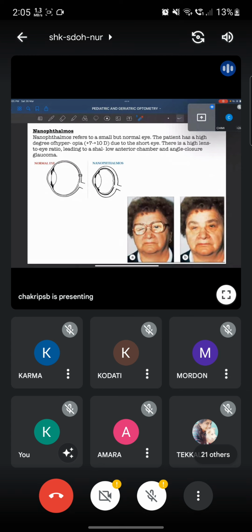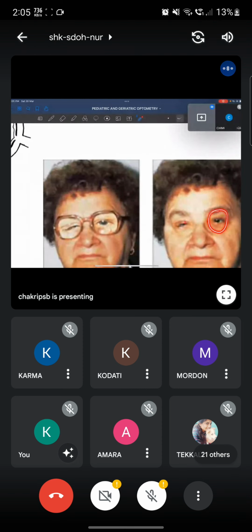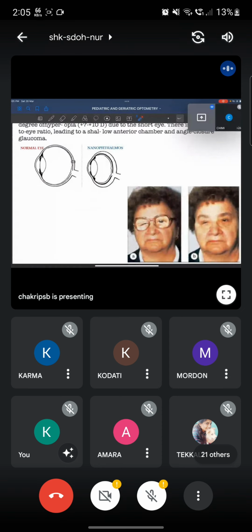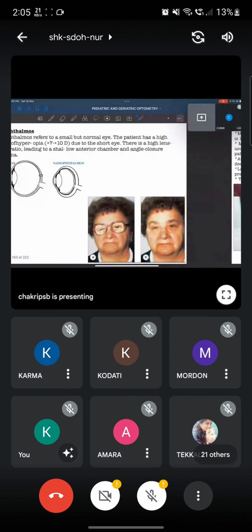Sorry, a high degree of hypermetropia will be there, because the rays will fall behind the retina. And the anterior chamber will be very shallow in nanophthalmos patients. See here the eyeball is large and here the eyeball is small. So this is one type of condition we say nanophthalmos.